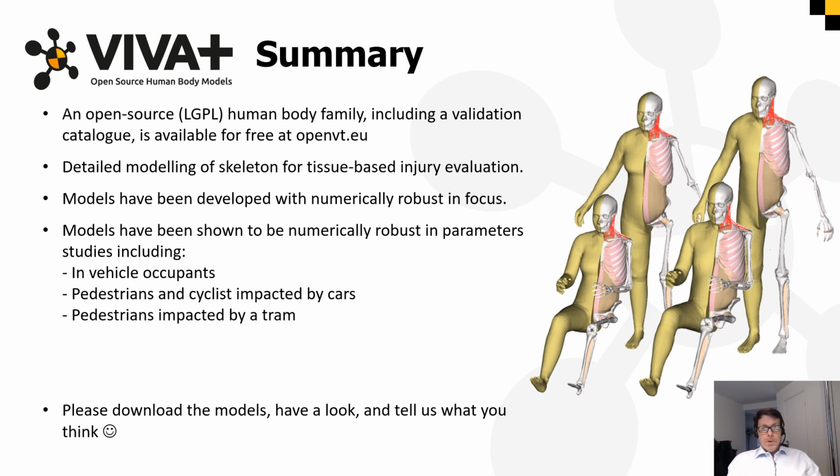In the end, the models have proven to be numerically robust in parameter studies including in vehicle occupants, pedestrians and cyclists impacted by cars, pedestrian impacted by tram. And finally, please download the model, have a look, and tell us what you think.